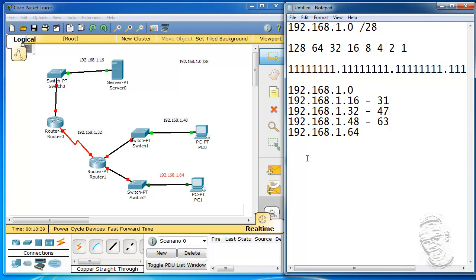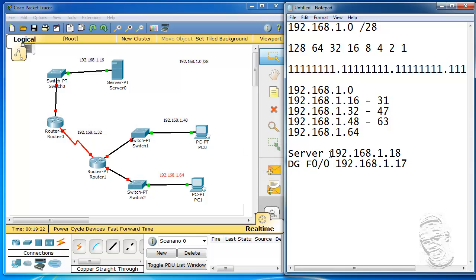Right? Let's do some more housekeeping. So on the 16 network, the server would have the third usable address, 192.168.1.18, and its default gateway, which will be the router fast Ethernet address, fast Ethernet 0/0, would be 192.168.1.17.